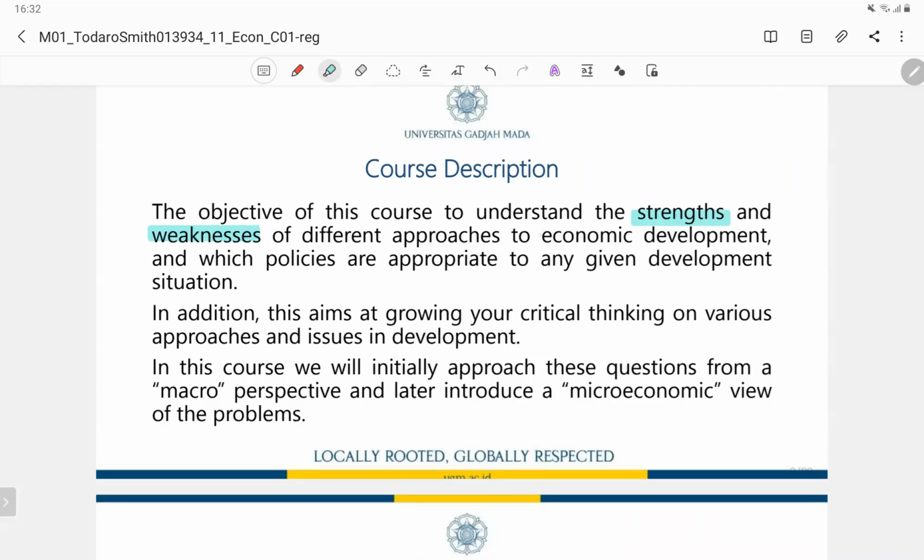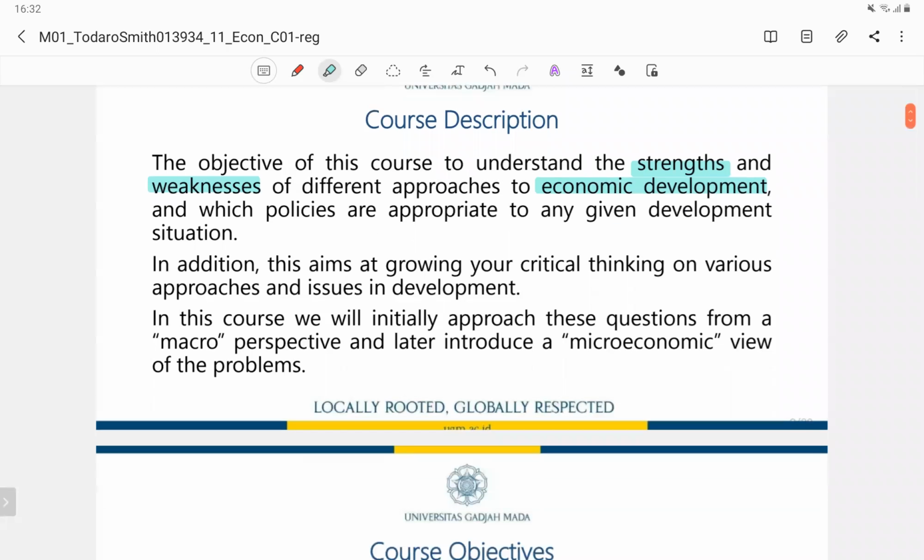What we will learn in this course is mostly theories, and we will identify the strengths and weaknesses of those theories. When you take Development Economics 2, the advanced version of this course, we will learn more about the empirical evidence, the research, and the current issues of development. But in this course, we will learn more about the theory.